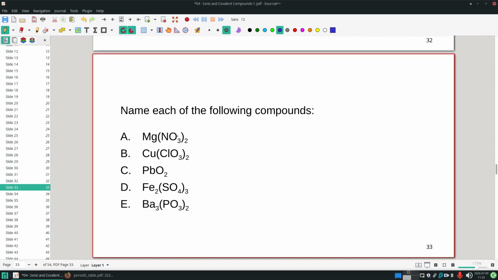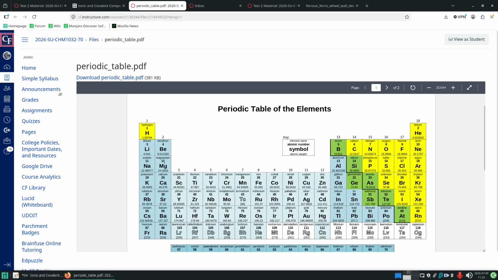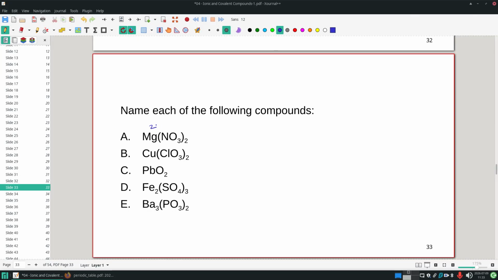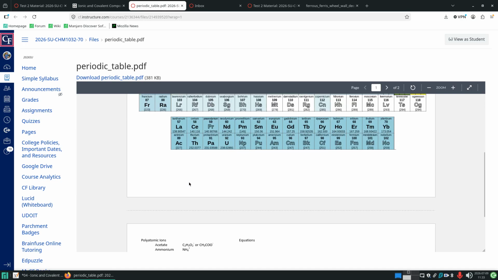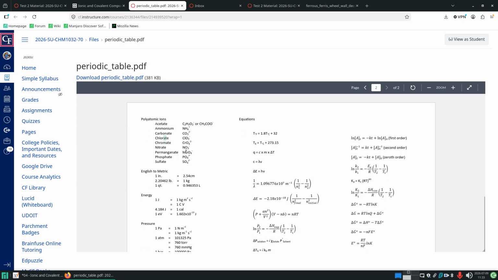Alright, magnesium with the NO3. So we've got a couple things we're going to do. On the periodic table, we find that magnesium to figure out what that charge is. And then we either have to have all that memorized or use it. And the NO3, fortunately, is on that periodic table, on there with the polyatomic ions. It's right there.